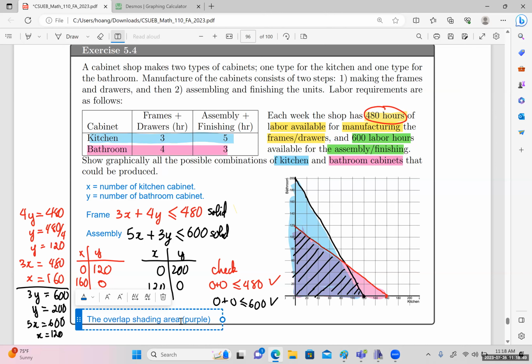What I'm gonna say is, maybe you just say the shaded area shows all possible combinations of kitchen and bathroom cabinets.